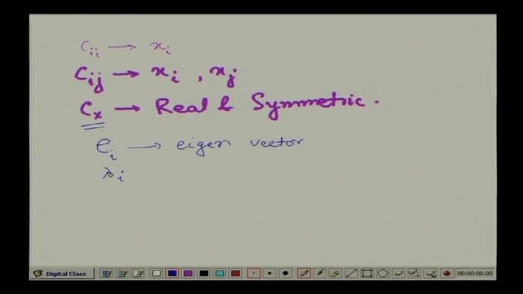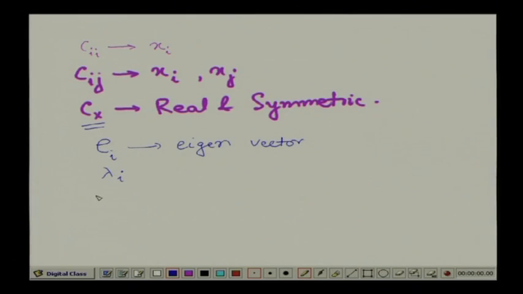We assume that these eigenvalues are arranged in descending order of magnitude. That is, we assume that λj is greater than or equal to λj+1 for j varying from 1, 2 up to n−1.